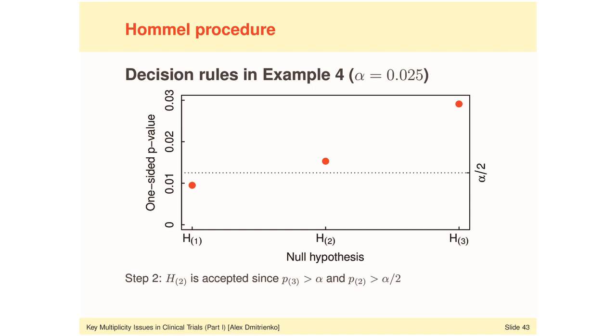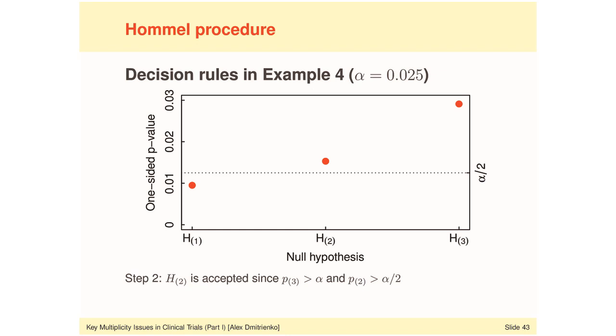Step 2, even though, as we said, we were unable to reject the first hypothesis, we can still test the second hypothesis in this data-driven sequence, and the decision rule, as you see at the bottom of the slide, right before this plot, borrows power from the first test that we defined on slide 42.